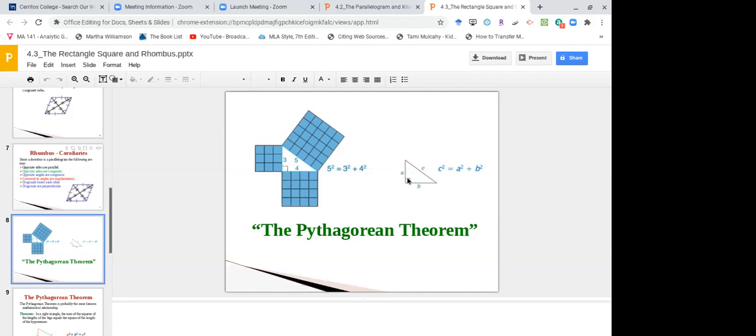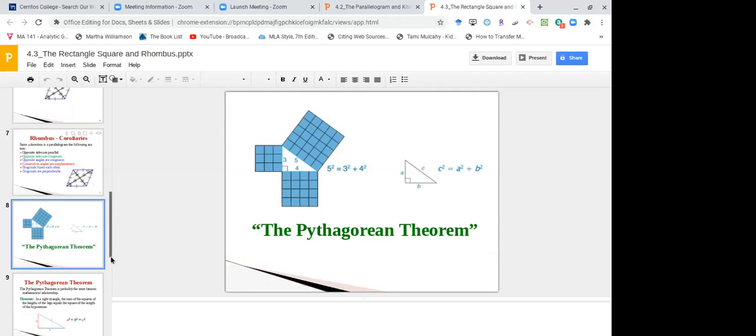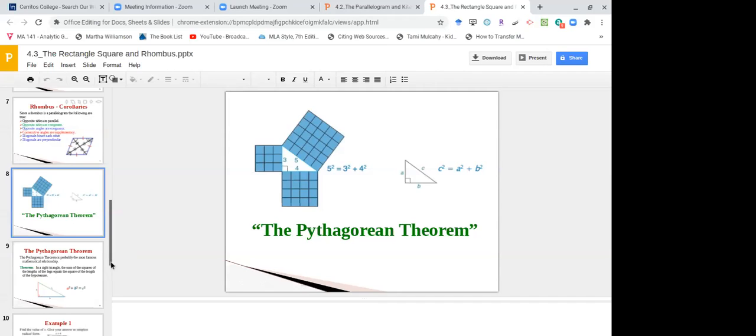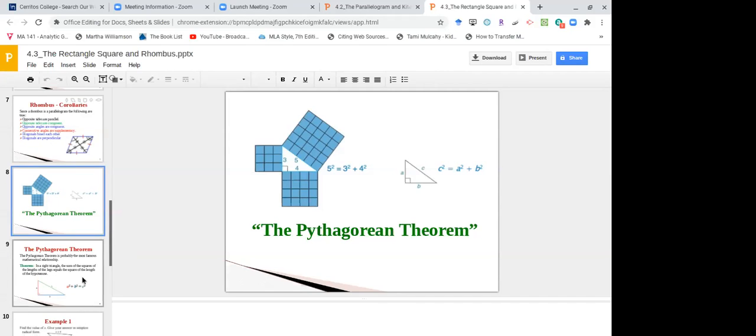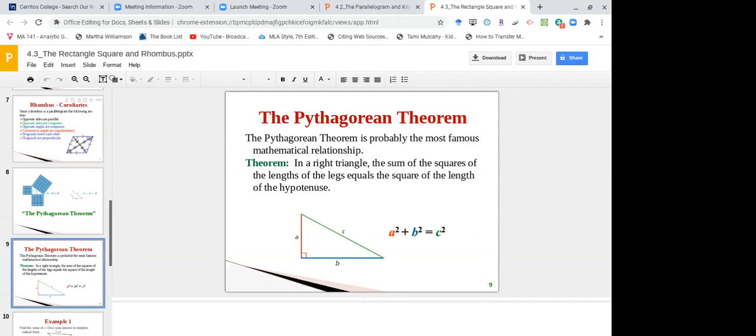It doesn't matter. But again, we derive it with a bunch of squares. So the Pythagorean theorem involves right triangles, and it's just what I told you here. In a right triangle, the sum of the squares of the lengths of the legs equals the square of the length of the hypotenuse.